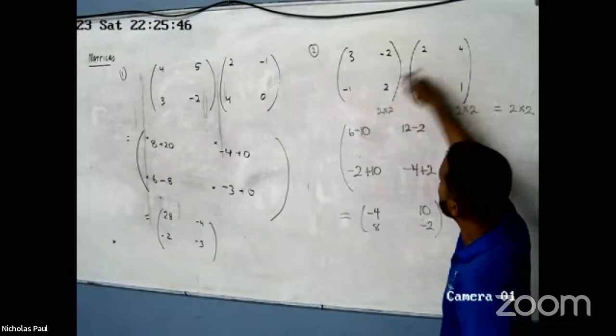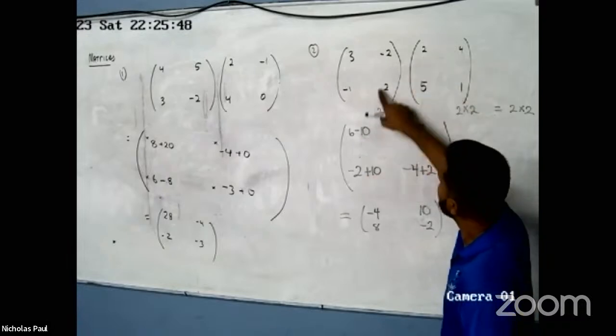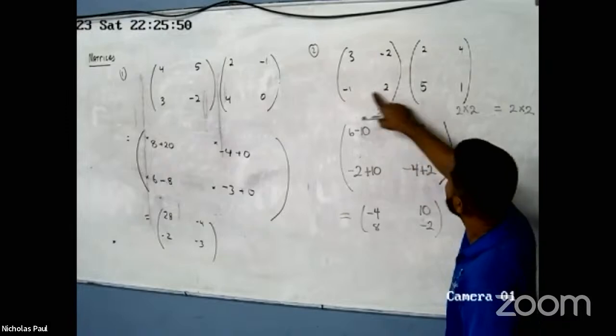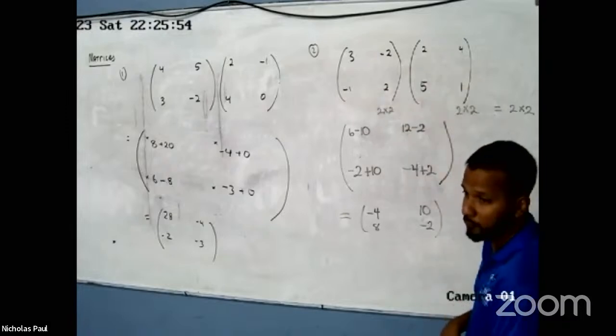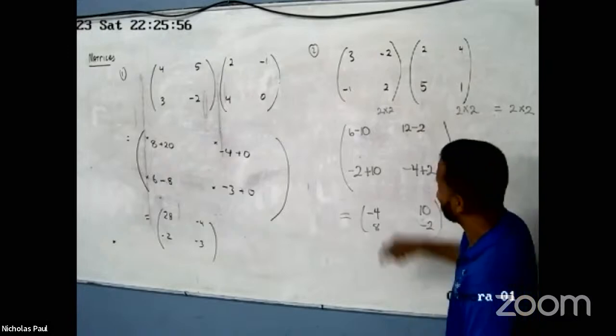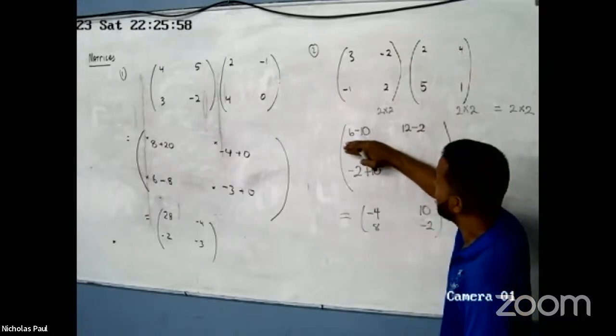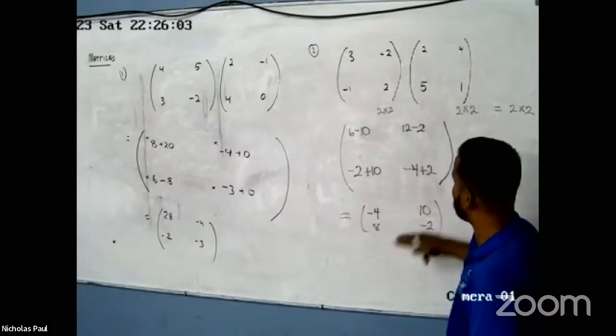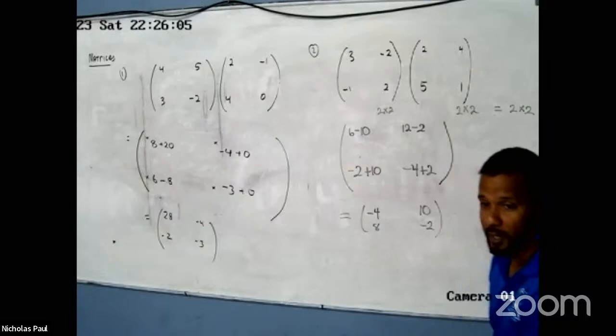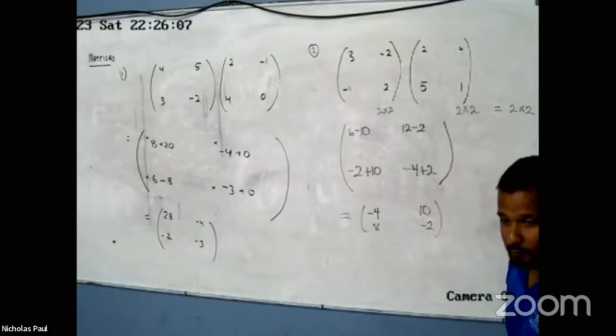Row by column, minus 1 by 2, 2 by 5. Minus 2 by 4, 2 by 1. So 6 minus 10 is minus 4, 12 minus 2. Very good. Right? So that's the way you multiply. Let's do one more.